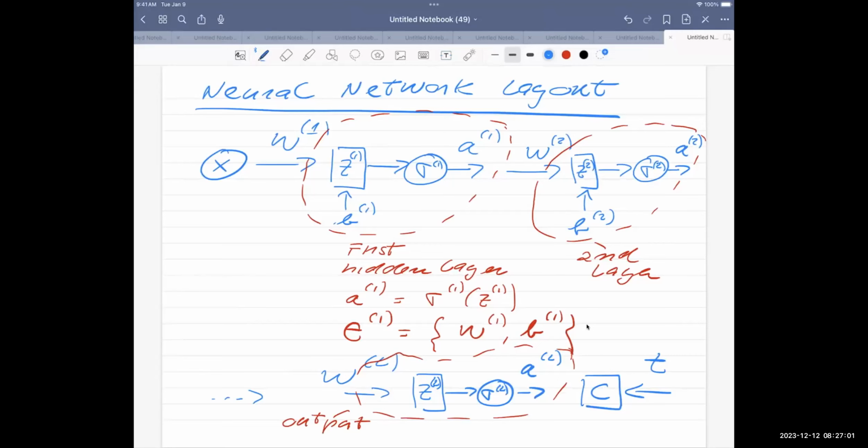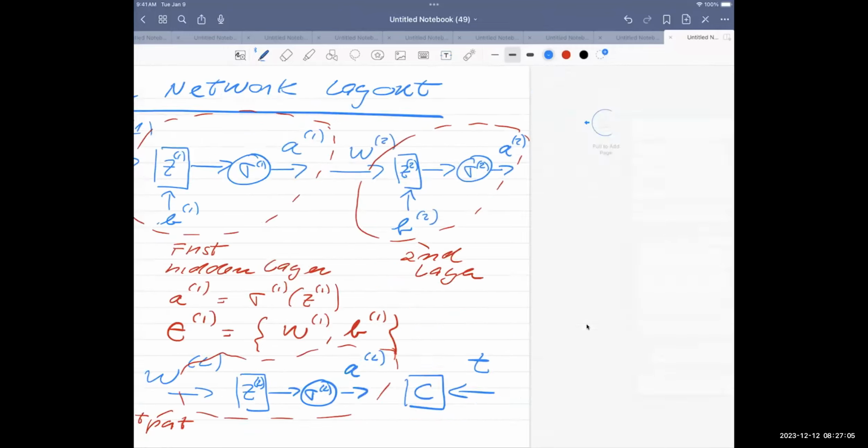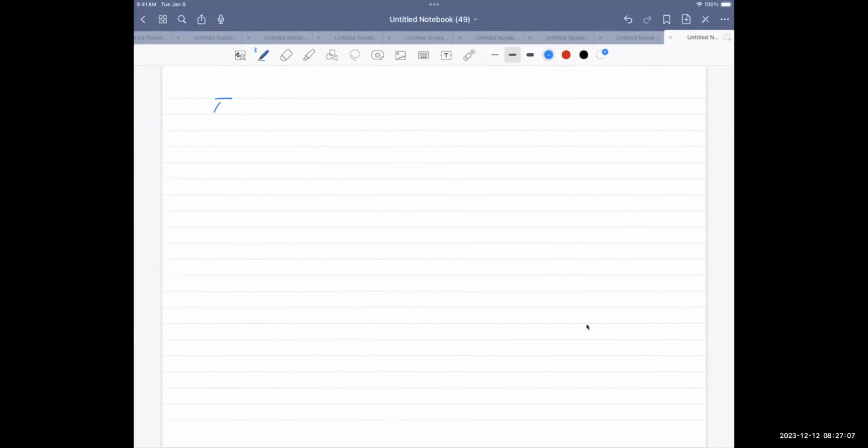And what happens then is that we have the final output from the network. This is this variable A of L, and that is a function of the input known values and all the unknown variables theta.